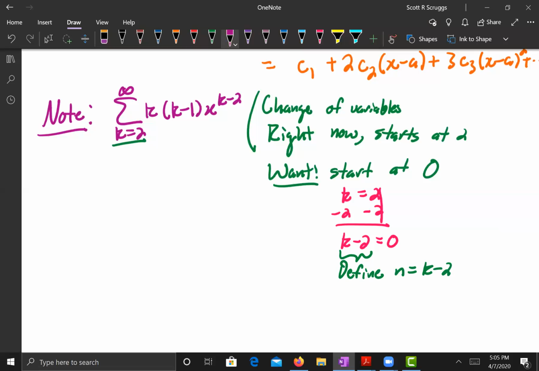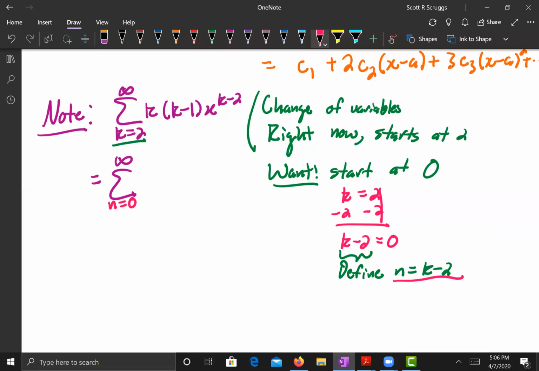And so let's check how that's going to change our series. Well, if k equals 2, that means n equals 0. And now within my series, wherever I saw a k, I'm going to rewrite it in terms of my brand new change of variables, k in terms of n.